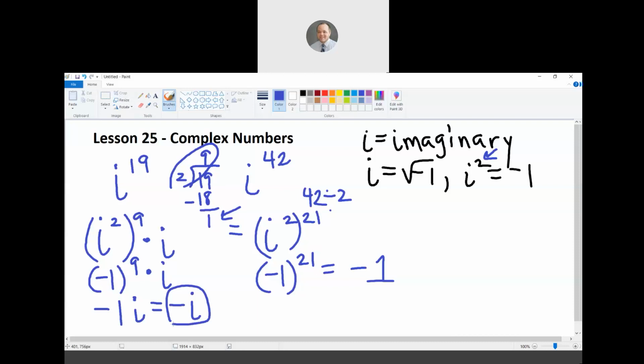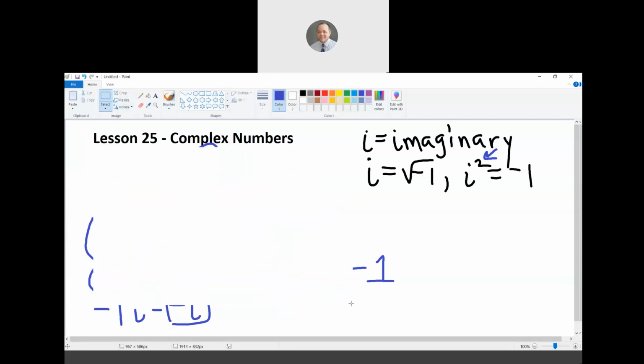Just like we did with radicals, with complex or imaginary numbers, we're going over each operation. So we'll start with addition and subtraction first. Before we go over the four main operations, MyMathLab will want your answers expressed in what's called standard form.